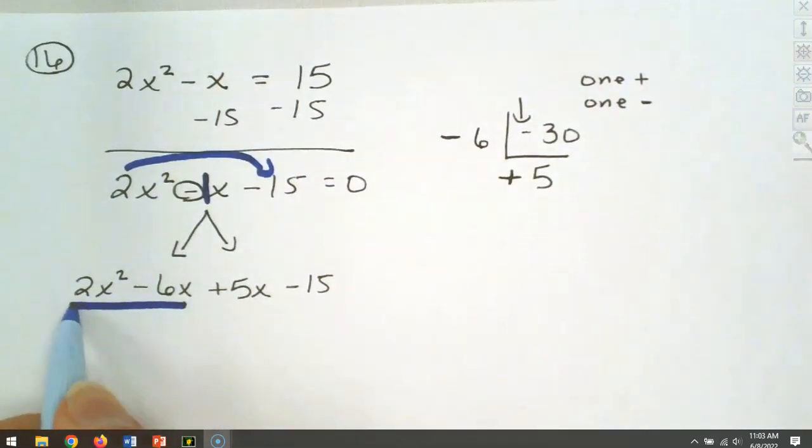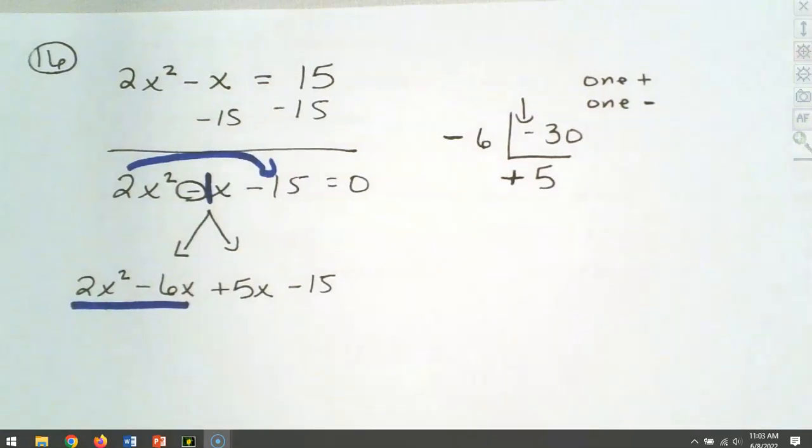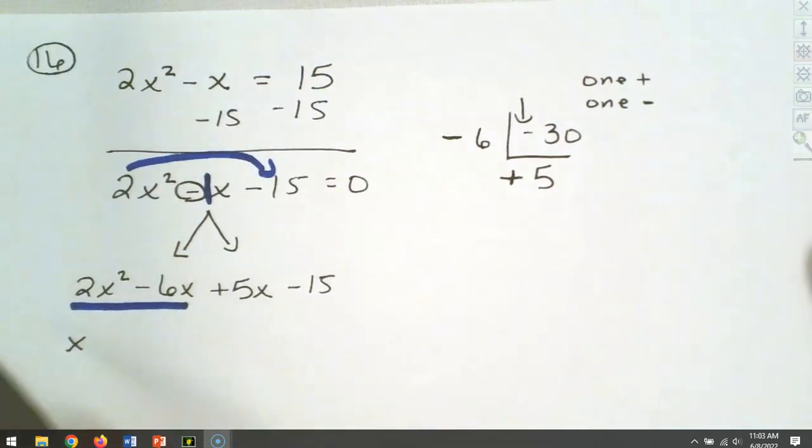Factor by grouping. First two pieces. Can someone tell me what will come out? I've got it underlined here. What's going to come out? X and what else? Yep, 2.